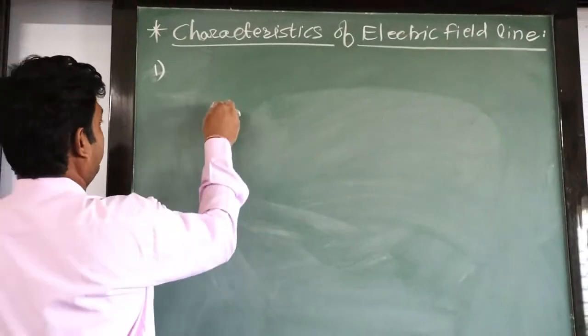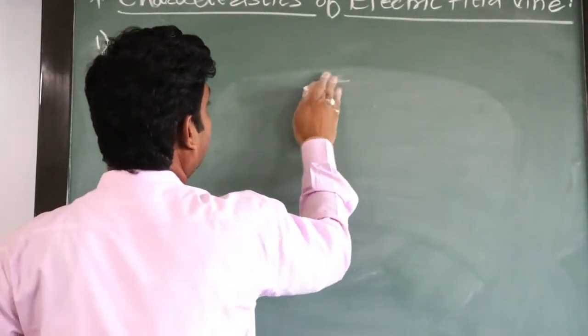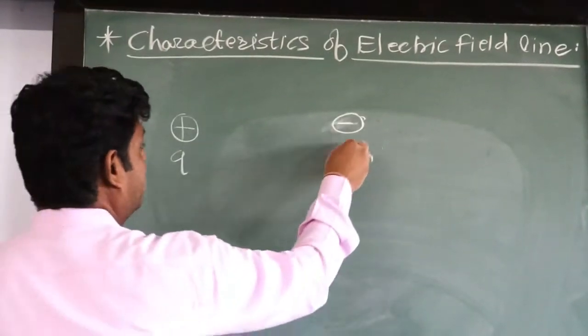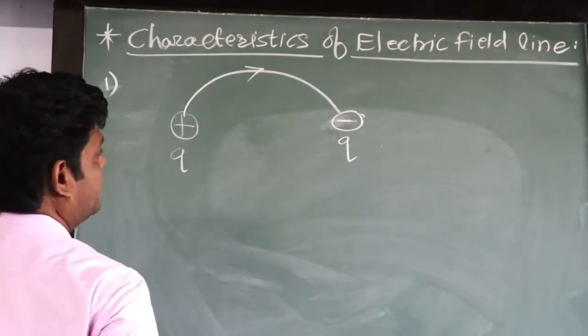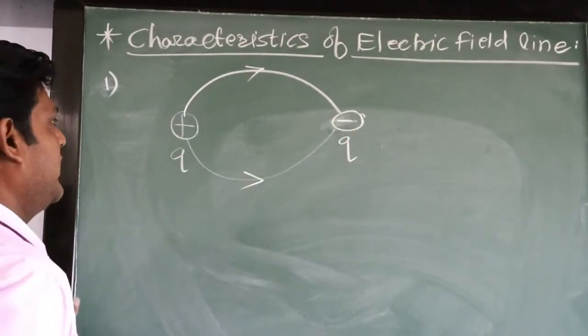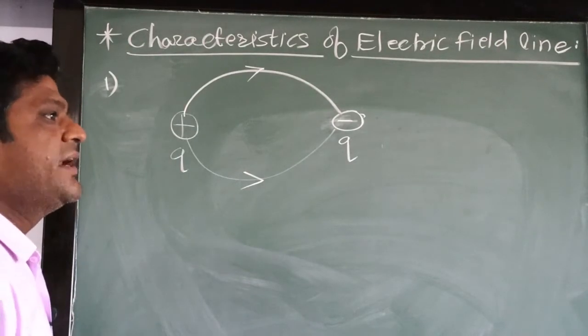Suppose we have a plus Q charge and a negative charge. Electric field lines will start from the positive and end at the negative. So these are the electric field lines. This is the first characteristic of electric field lines.